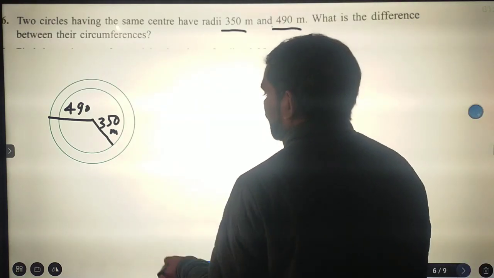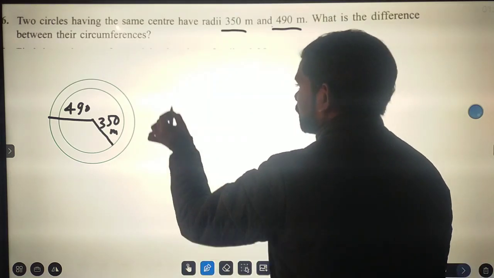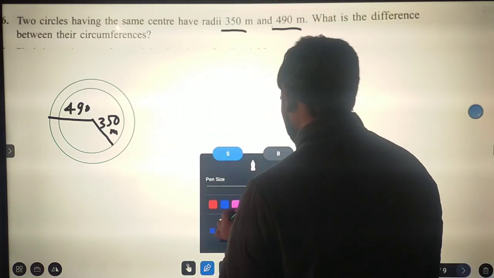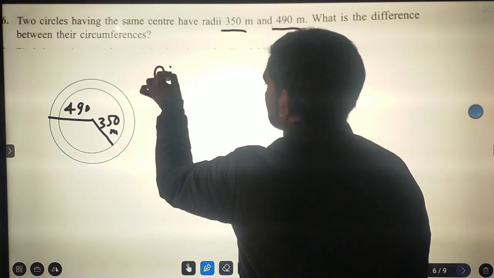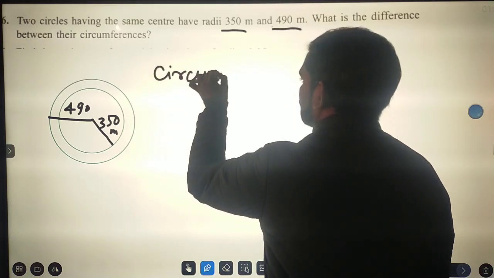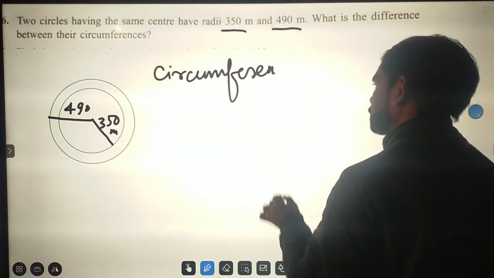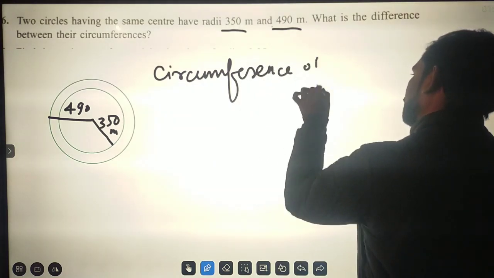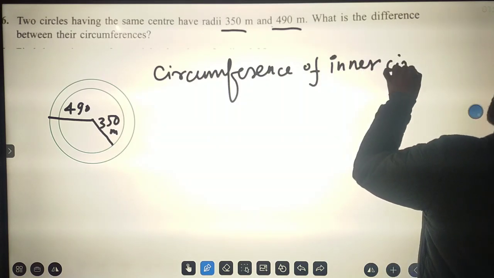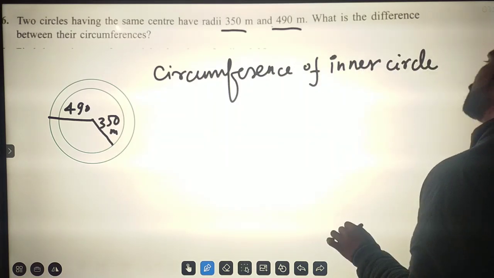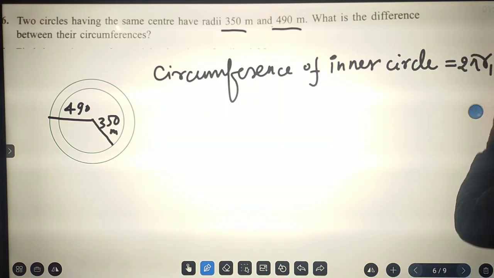First of all, we find the circumference of the inner circle. The circumference of the inner circle is equal to 2 pi r1.